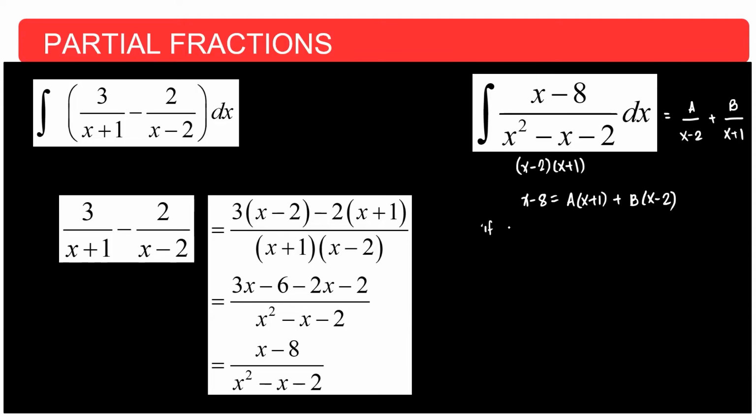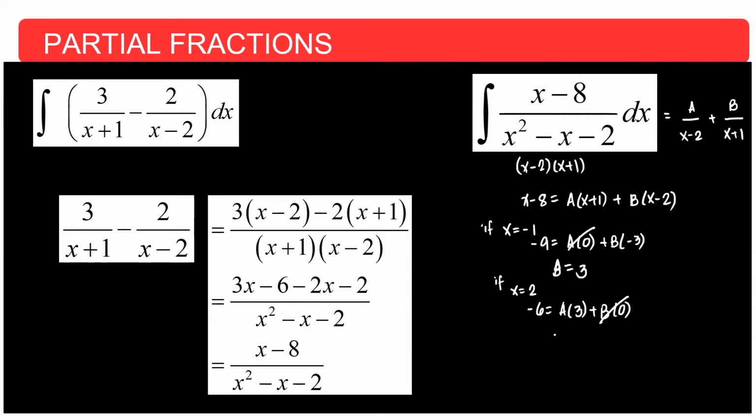So if x is -1, I can say -1 minus 8 is -9. A times 0, B times -3. This cancels out. You'd be able to solve for B equals 3. If x equals 2, 2 minus 8 is -6. 2 plus 1 is 3. 2 minus 2 is 0.